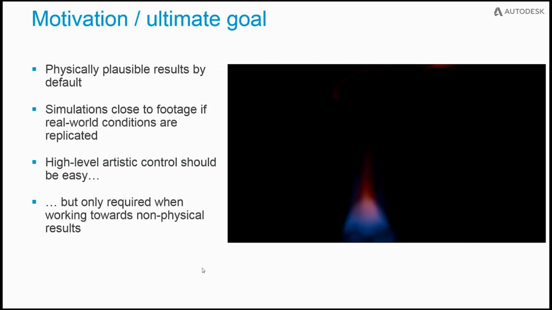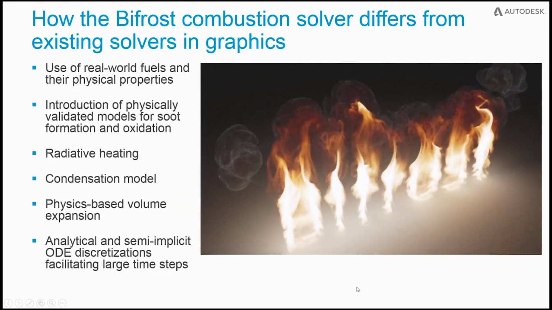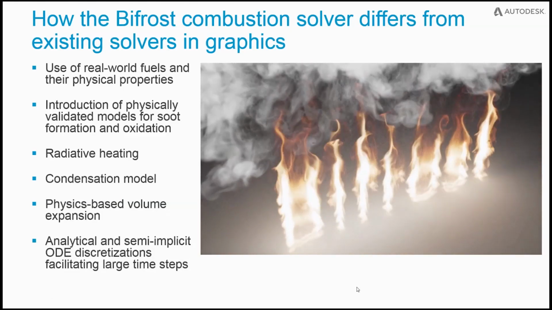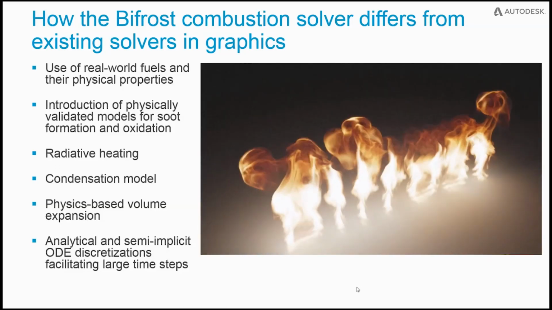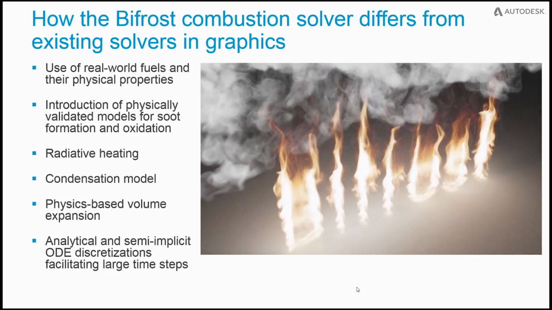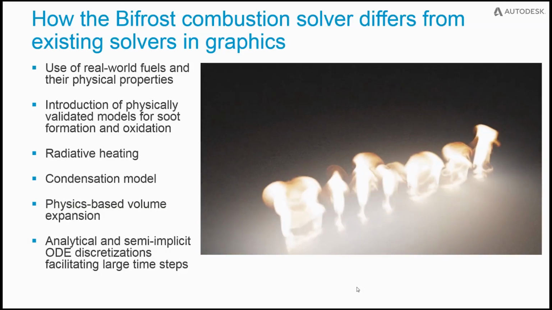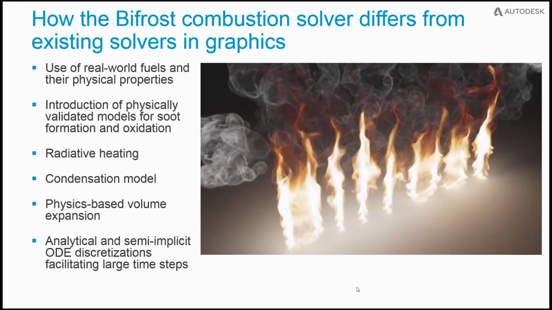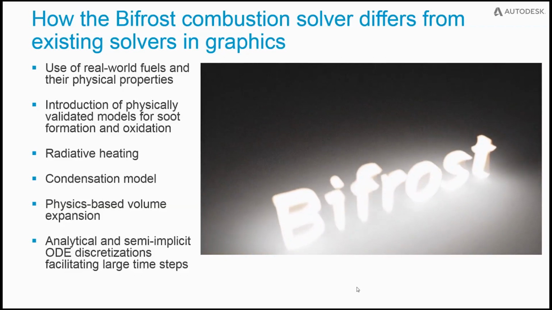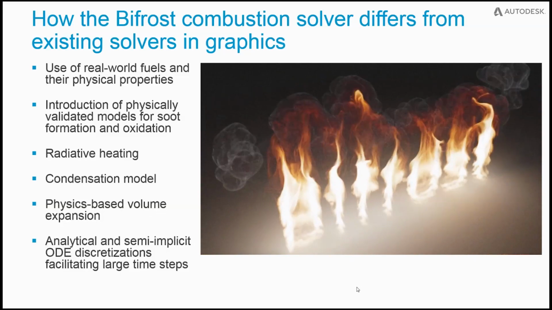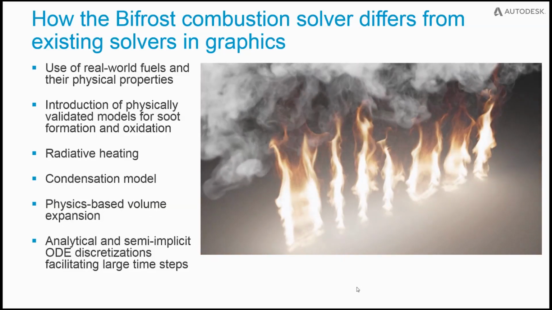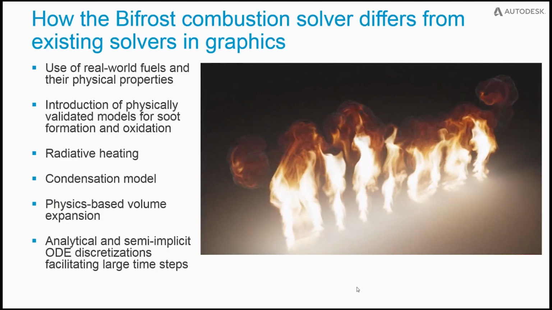As I mentioned on the previous slide, we're striving for physical realism by default. One of the steps towards this goal has been to include more physics-based models in our underlying solver. This is also one of the things that sets the Bifrost combustion solver apart from other solvers in graphics that are out there. I've listed some of the things that we've included in the solver on the left here.